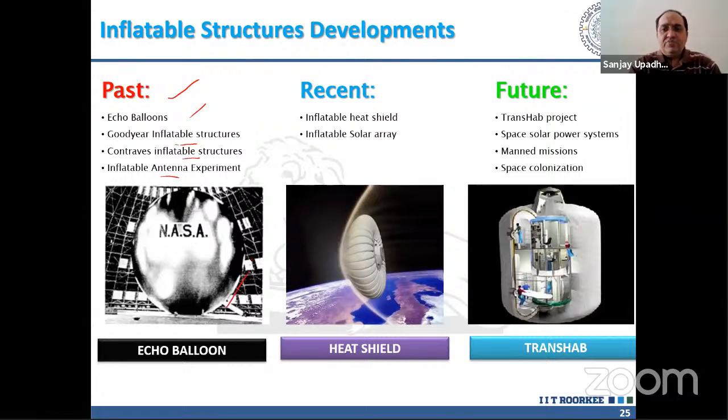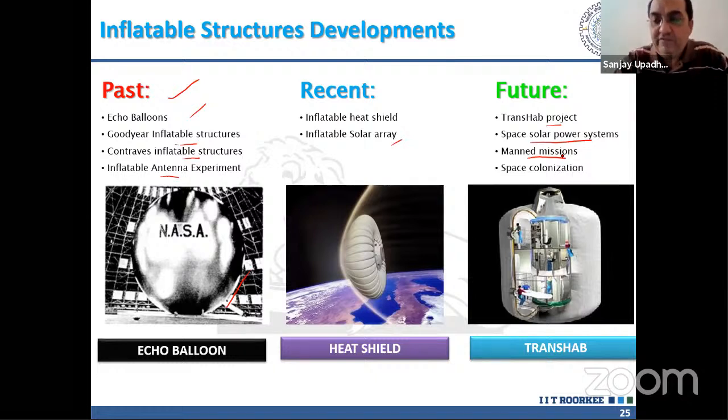Then recently, inflatable heat shields and inflatable solar arrays. In the future, the TransHab project, space solar power system, manned missions. Now this is our prestigious mission, Gaganyaan. This is a manned mission where some astronauts will go to space with the space shuttle, and then they will come back with the balloon. So, the manned missions.